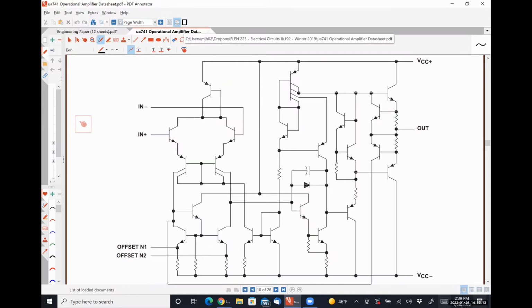Now, if we look here, we've taken care of in plus and in minus and out. We have two terminals called offset N1 and offset N2. Those two terminals are used to correct manufacturing errors in the device, okay?